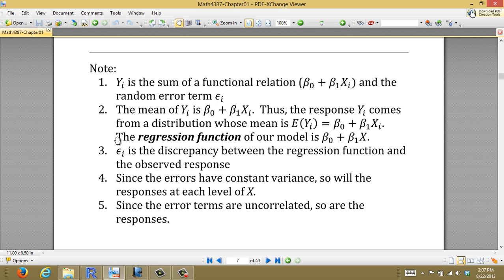The epsilon i, the error term that we've already talked about, is the discrepancy between the regression function, which we have right here, and the observed response. So the error term is really the difference between the functional relation and the statistical relation.